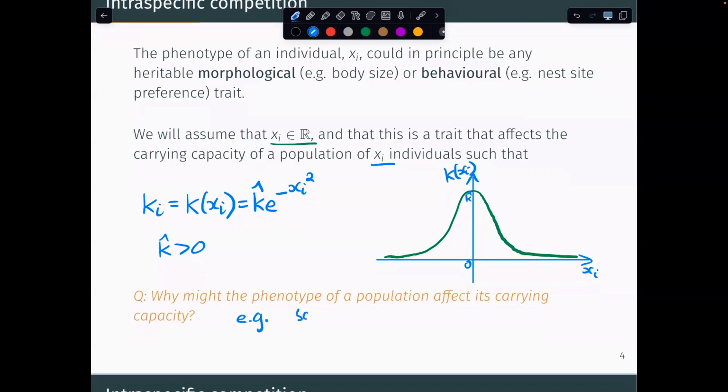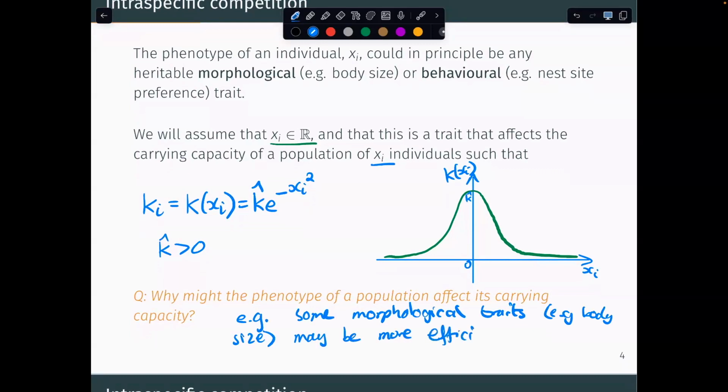For example, some morphological traits, e.g. body size, may be more efficient than others. Efficient in the sense of being able to exploit the resources in the environment.